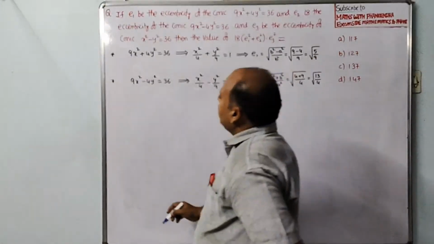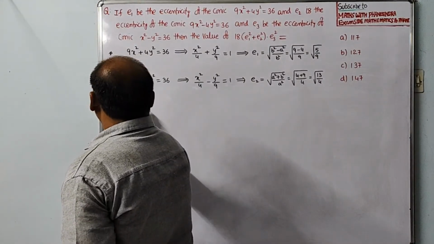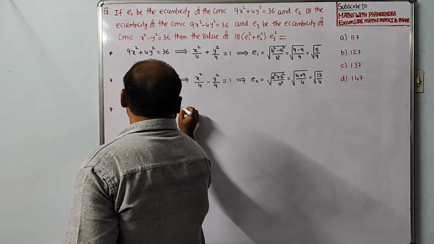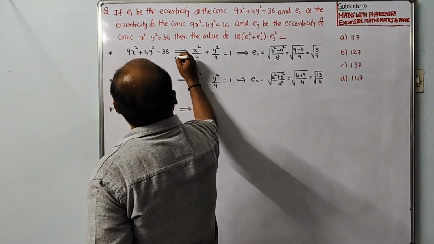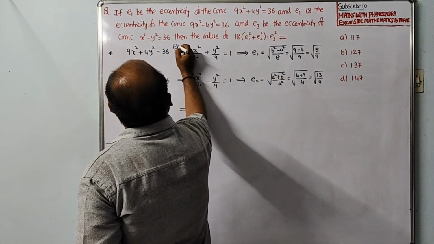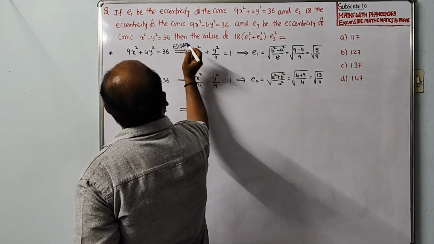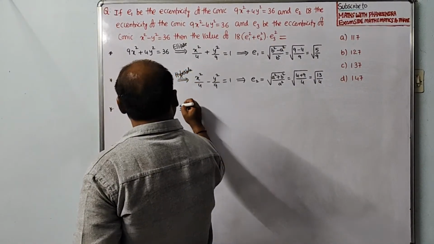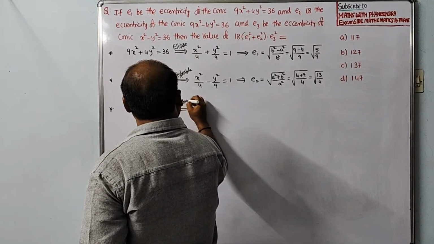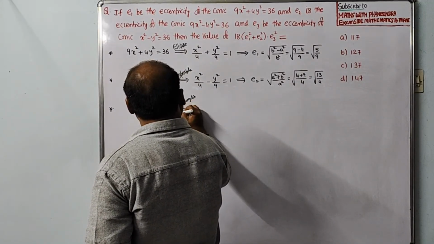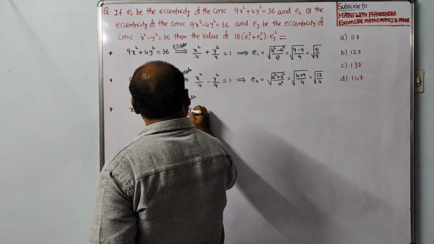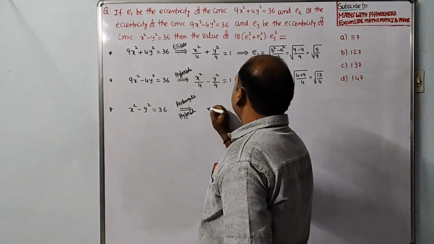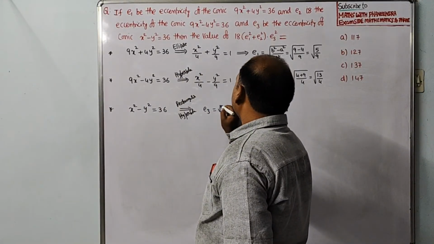Later, what is the third conic? x² minus y² equal to 36. It is a rectangular hyperbola. This is an ellipse, this is a hyperbola, this is a rectangular hyperbola. For a rectangular hyperbola, eccentricity e3 is always constant, root 2.